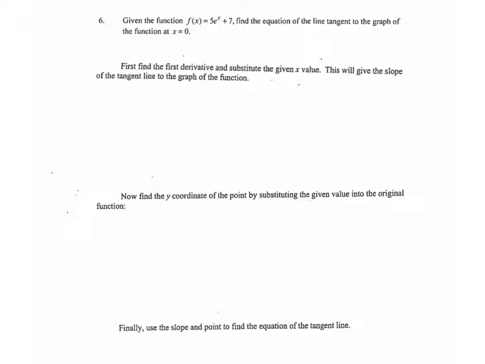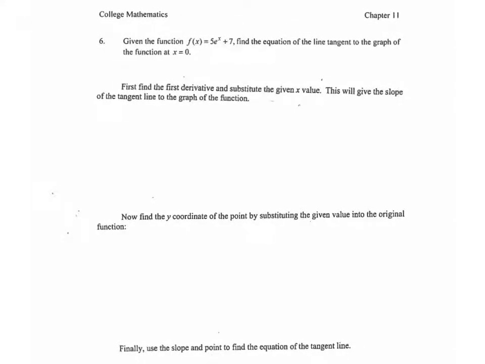I have to find the derivative. How do I differentiate 5e to the x? It becomes 5e to the x. And since my second term is plus 7, the derivative of 7 is 0. So I found my function that lets me find slope.